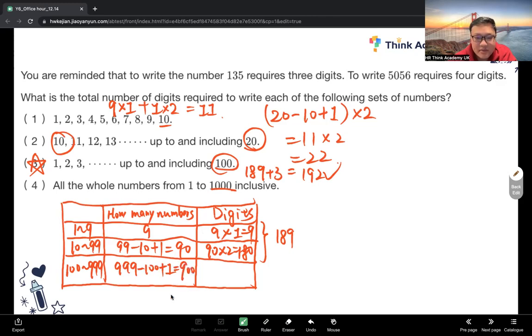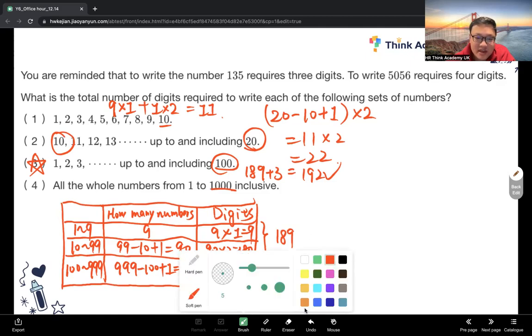You got 900 numbers. And each number, you're going to use how many digits? It's 100 to 999. You got 900 numbers in total, and each one you're going to use 3 digits, right? So that'll be 2,700 digits.